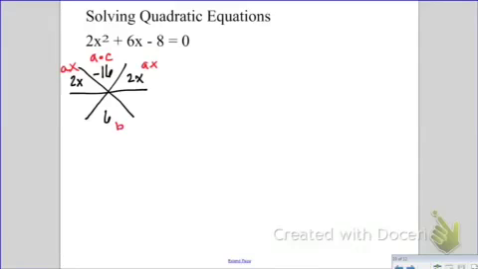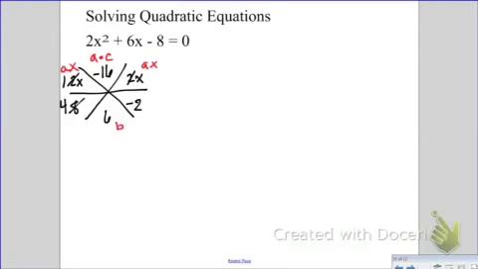Now, to make negative 16 and make 6, I could use 4 and 4 to make 16, but 4 plus 4 is 8, and 4 minus 4 is 0, so it's not going to make 6. So maybe it's going to be 8 and 2. And to make 8 and 2 add up to 6, it's going to have to be a negative 2. So I look and see, can I reduce any of these things? I can. Right here, I can reduce 2 and 8 down to a 1 and a 4.